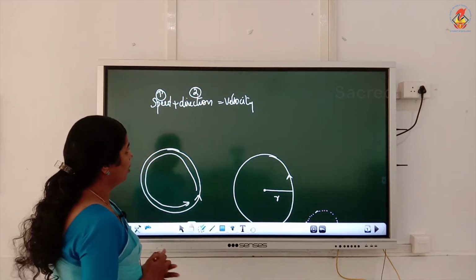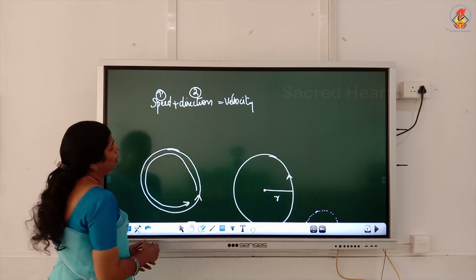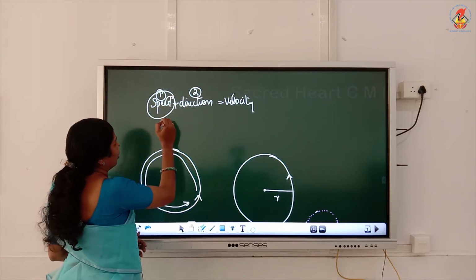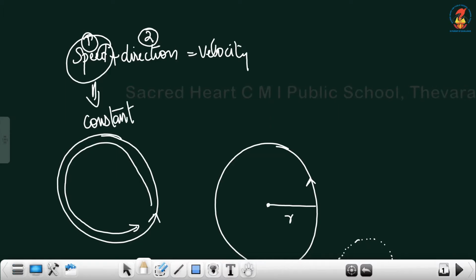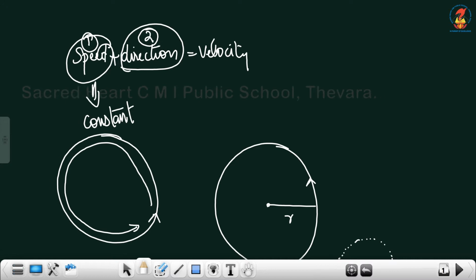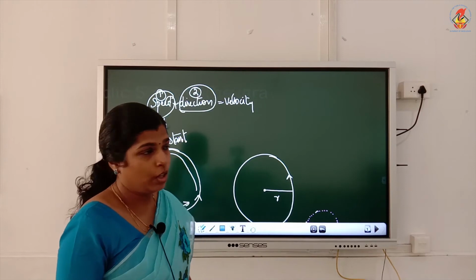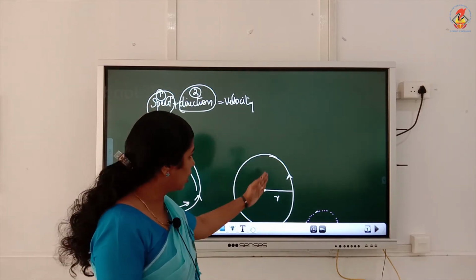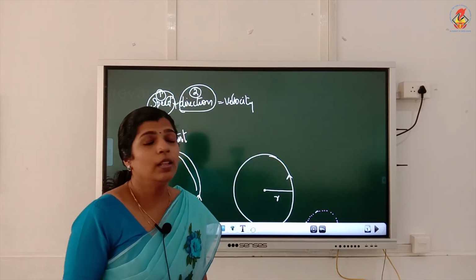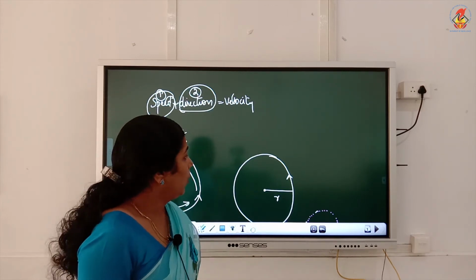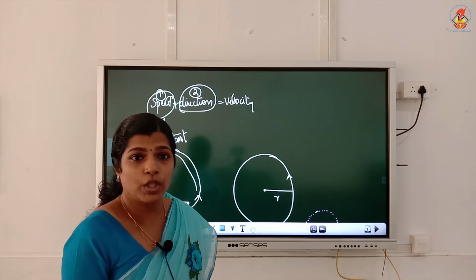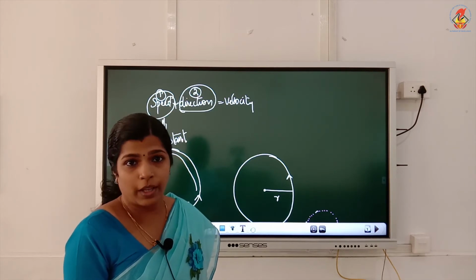Here in uniform circular motion, the speed is constant, the speed is not changing, but the direction of motion is changing. If an object is moving in a circular track, the circle consists of n number of points, so it will change the direction of motion n number of times.